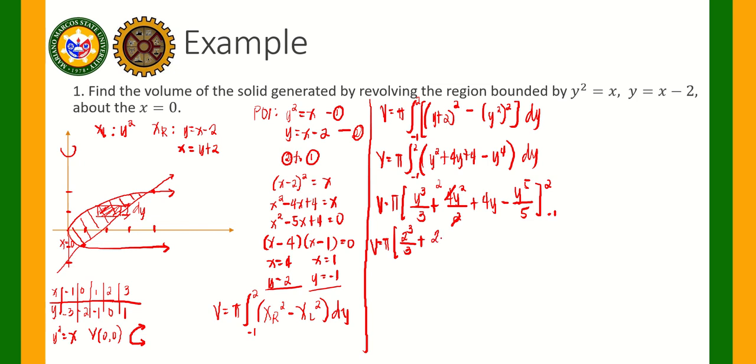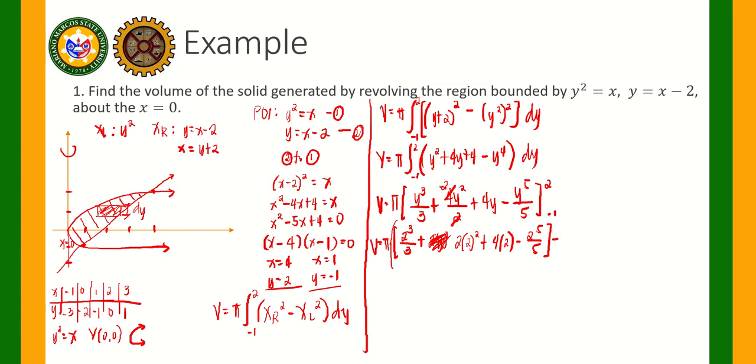So, this will be equal to 4 divided by 2, that is equal to 2. Or that should be, hindi siya 2y squared. That should be 2 times 2 squared plus 4 times 2 minus 2 raised to 5 over 5. So, that is the upper limit.